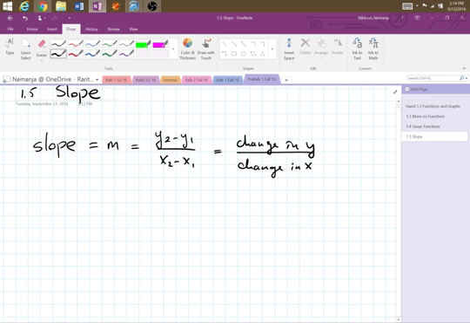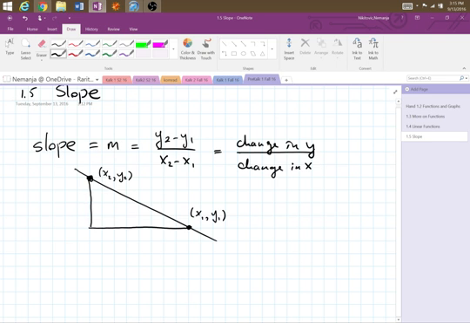And if you think about the slope, you draw any type of line, you can pick 2 points on that line and then just draw these lines. So if you think about these 2 points, you call this one, let's say, x2, y2, and this one x1, y1. It really doesn't matter which one is which.